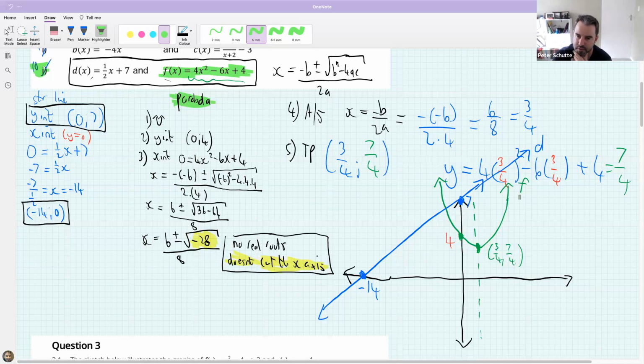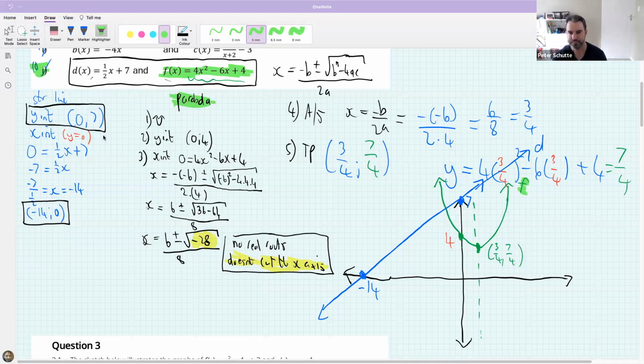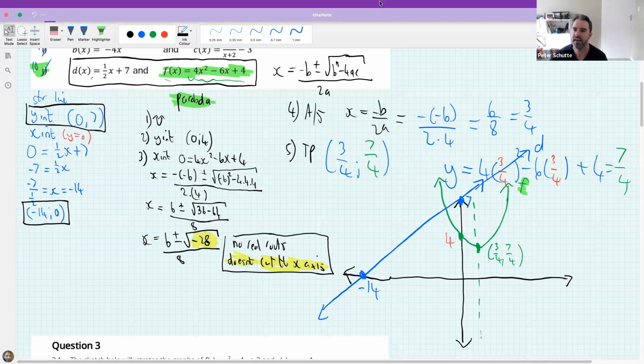I want you to put that in the chat for me. What is the range of this parabola? What do we even have to look at for the range? Do we look at x's? Do we look at y's? That is the question.